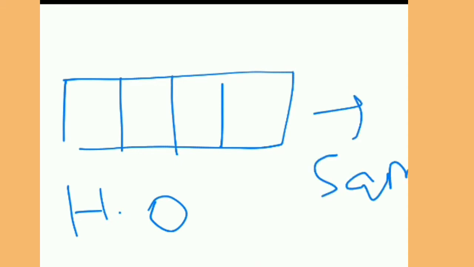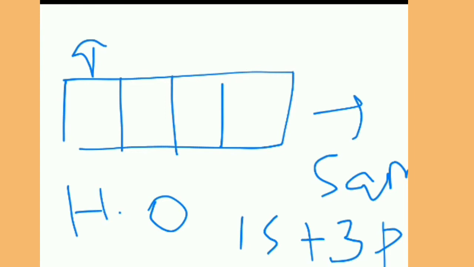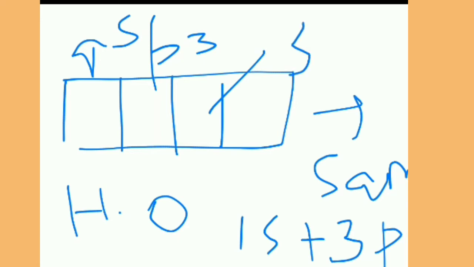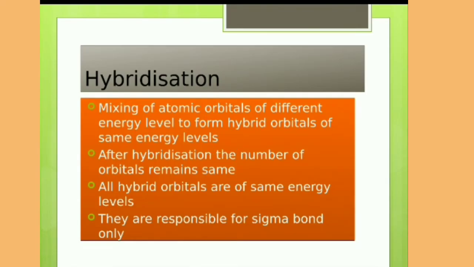Since they are formed by the mixing of one s and three p, they are all named sp3 hybrid orbitals. So we can define hybridization as just mixing of atomic orbitals of different energy levels to form hybrid orbitals of the same energy level.